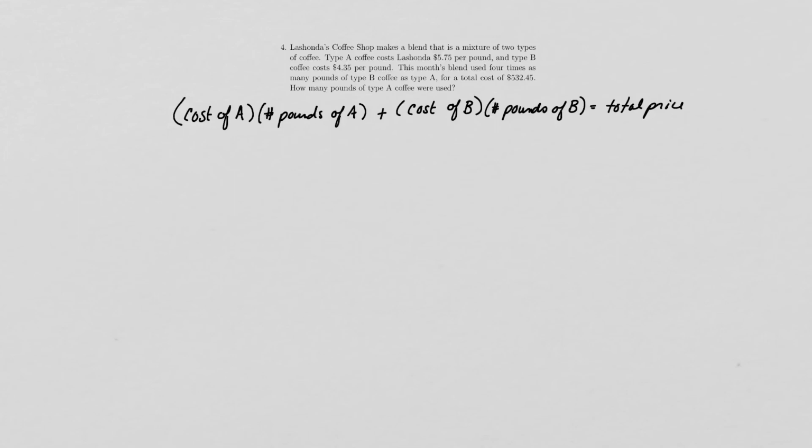So if we go through here, the total price is $532.45. The type A cost is $575. The type B cost is $435.